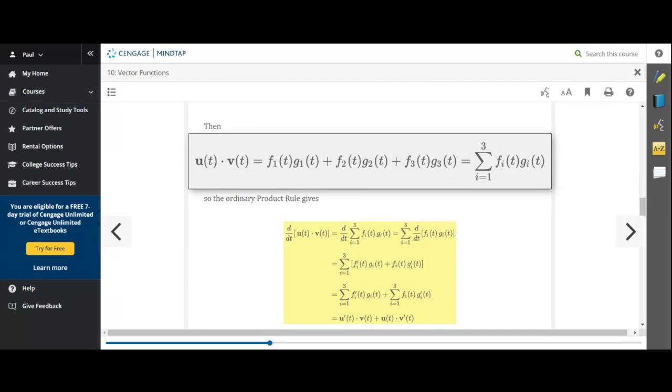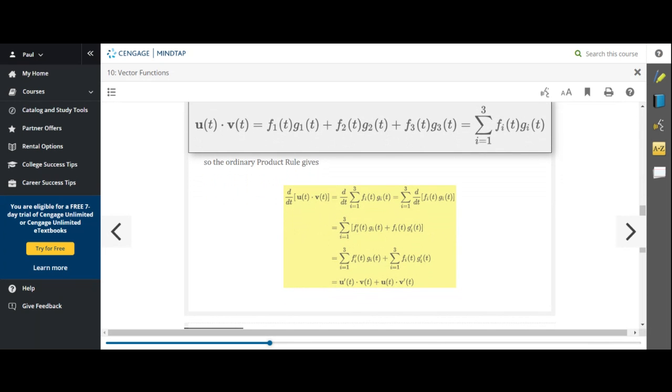And then the derivative of f_i times g_i is just f prime times g plus f times g prime. And then the sum of that is the sum of the summations, and then we get the final result.